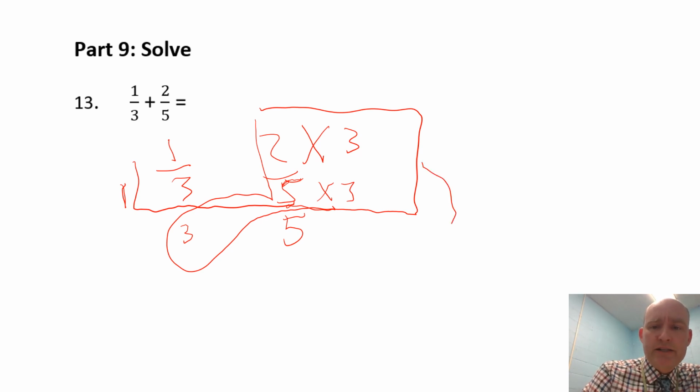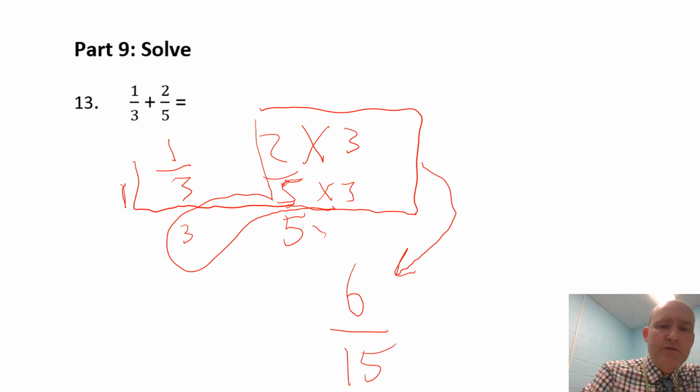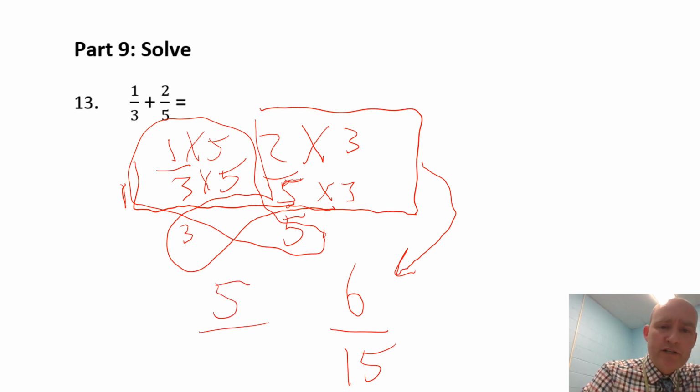Okay, and bring that down. Now I have 6 over 15, since 2 times 3 is 6, 5 times 3 is 15. Now I have to cross over here too. Times 5. Okay, 1 times 5 is 5. 3 times 5 is 15.